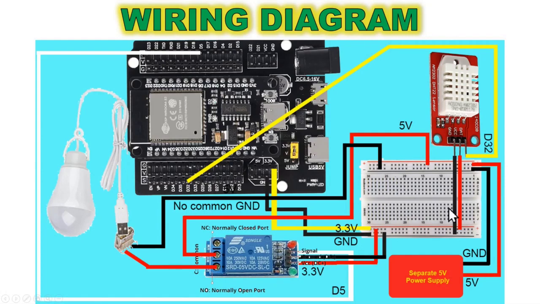We go to the 5-volt relay. The VCC pin of the relay is connected to the 3.3 volt of the ESP32 expansion board. The ground pin of the relay is connected to the negative pin of the small breadboard, which is connected to the ground pin of the ESP32 expansion board.